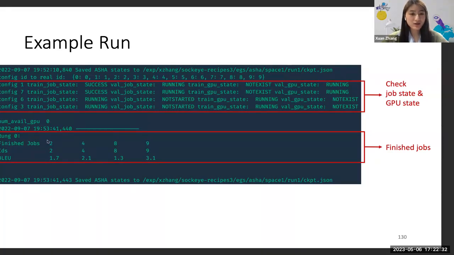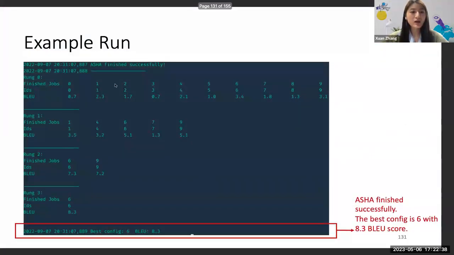To keep users informed, the program also displays a list of finished jobs. Here it shows that ASHA finished successfully, and it prints out the pruning process. We got the best configuration here, 6, and the best BLEU, 8.3.